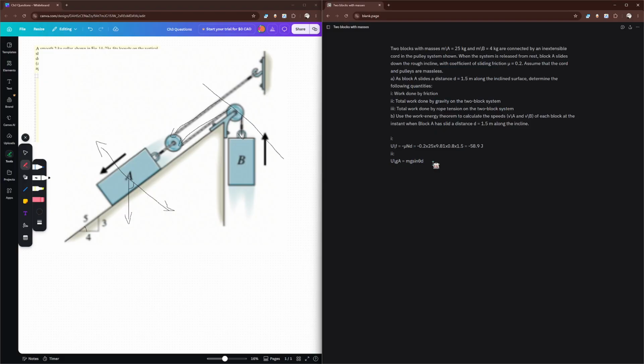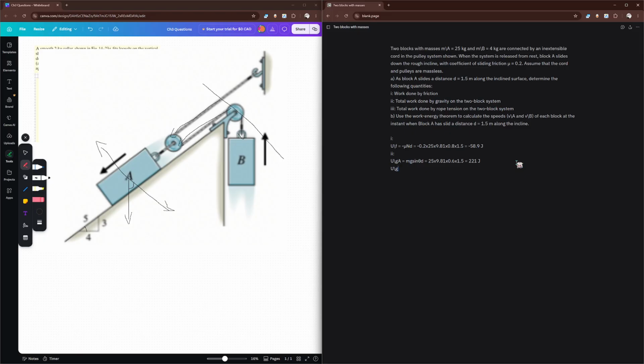And so m is 25, g 9.81, sine theta 3/5, also known as 0.6, times d of 1.5, which gives us 25 times 9.81 times 0.6 times 1.5, which gives us 220.7, or 221 if you wish for your 3 significant figures, 221 joules.